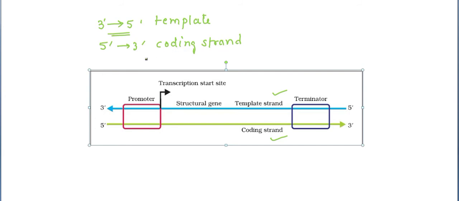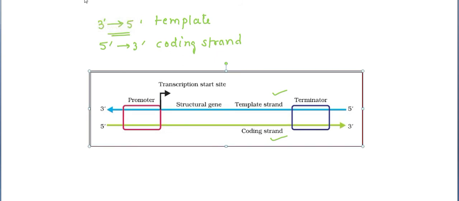Polarity matters. There is a convention in defining the two strands. And one more point you should be very clear about, that the DNA dependent RNA polymerase catalyzes the polymerization in only one direction, and that is 5' to 3' direction, right?